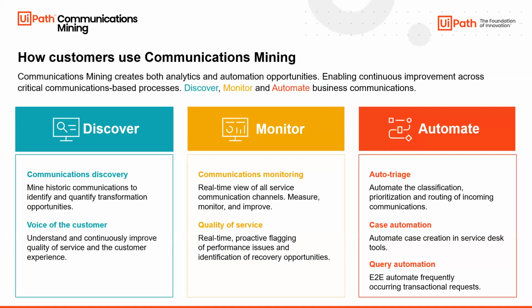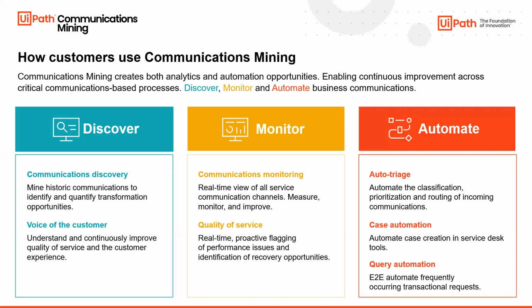Now, as I was saying, you can discover your business and how it is going, or you can monitor the communications that are happening on a day-to-day basis, or you can just automate. You have to decide this prior to the project. If you want to discover, you might have limited labels or more labels.